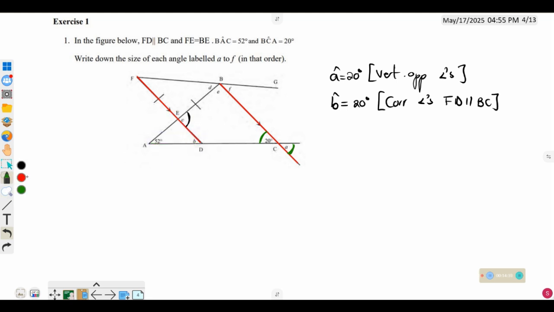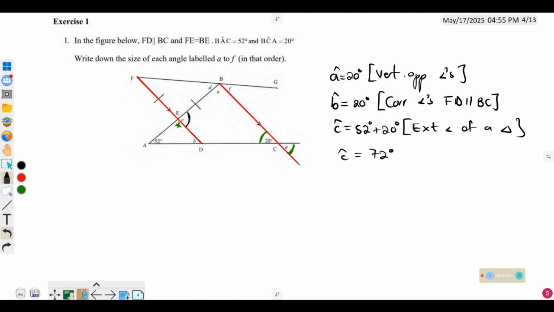If not, you can calculate angle AED first and then use angles on a straight line to find C. But the easiest way: angle C is equal to 52 degrees plus angle B, which is 20 degrees. This is the exterior angle of a triangle. So angle C is equal to 72 degrees.